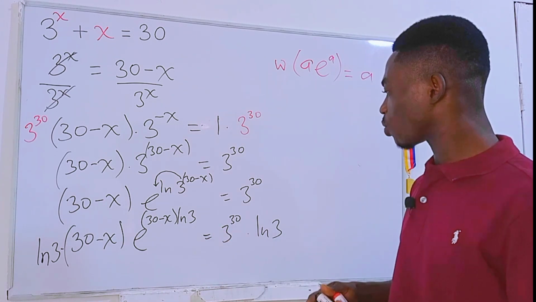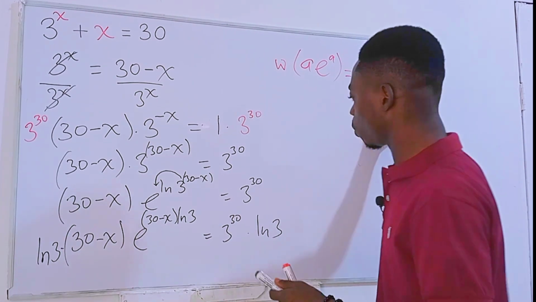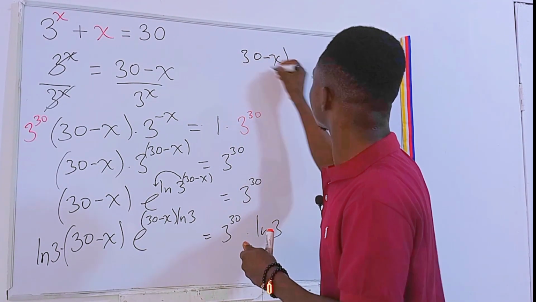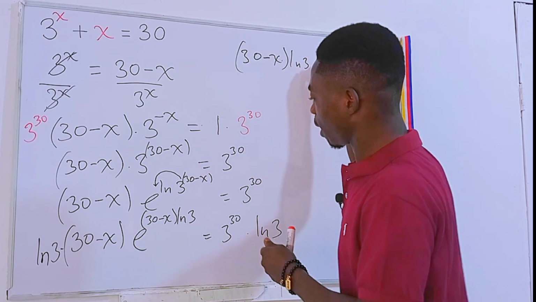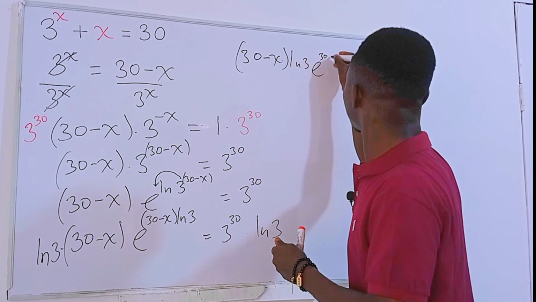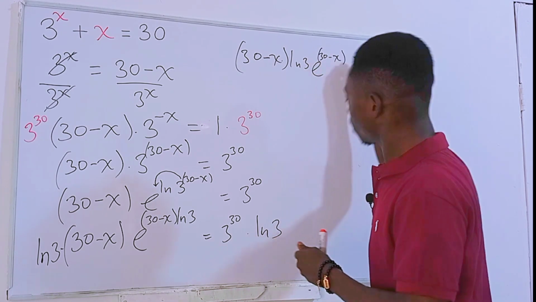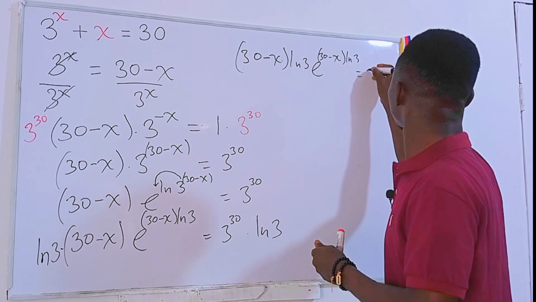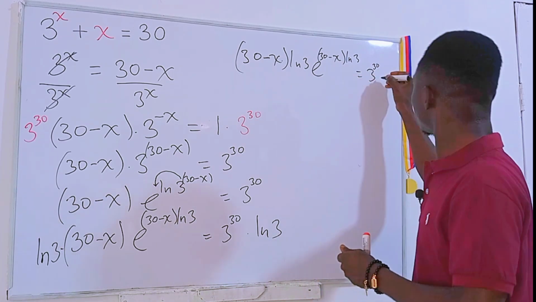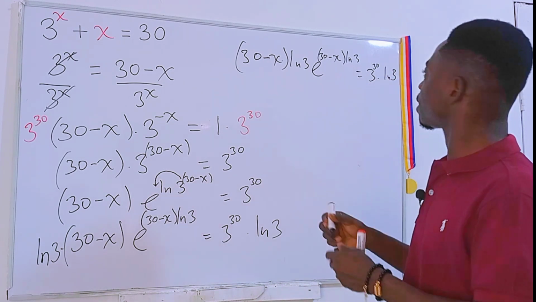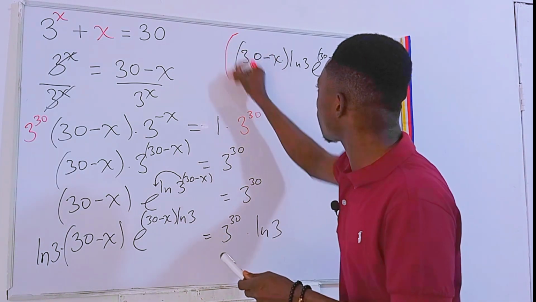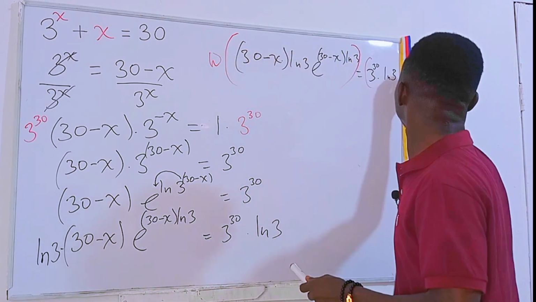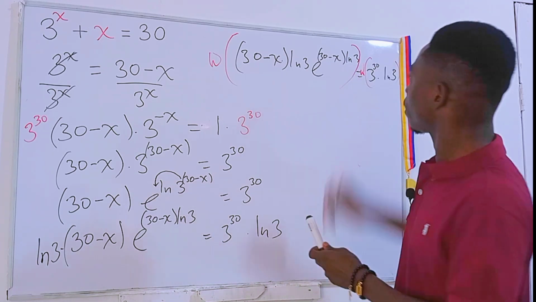Now that they are the same, we can rewrite it again so that it will look nicer. 30 minus x ln of 3, e to the power 30 minus x ln of 3 is equal to 3 to the power 30 times ln of 3, just like that. And of course, we can take W on each side of the equation. We have our W here, just like that.